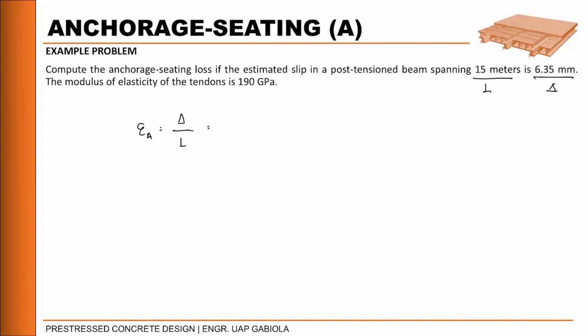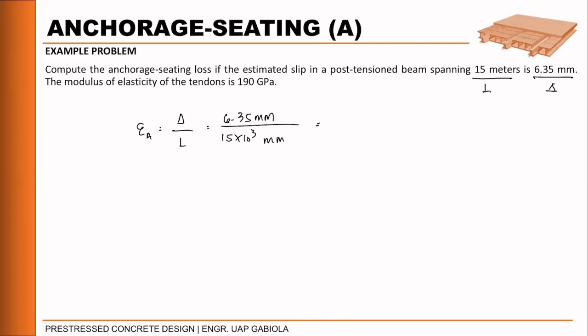So, 6.35 mm divided by yung length natin, 15 meters, so times 10 to the 3 mm. Since strain yan, dapat wala tayong unit. So divide 15,000, that is 4.23 times 10 to the negative 4.